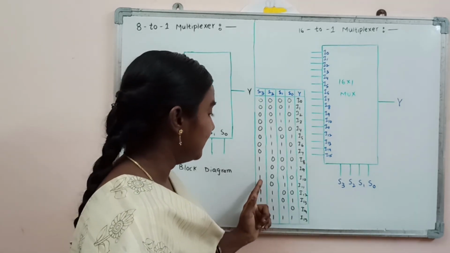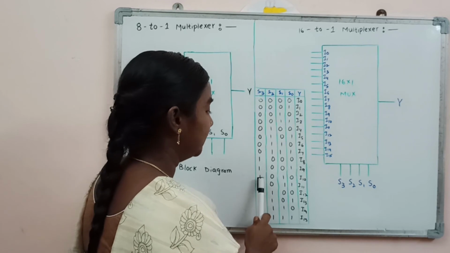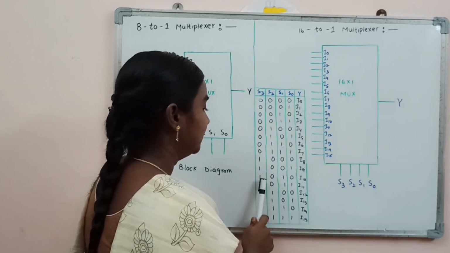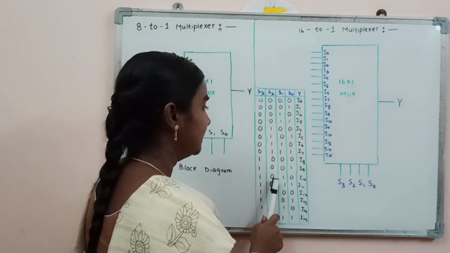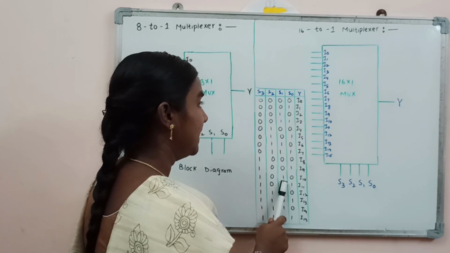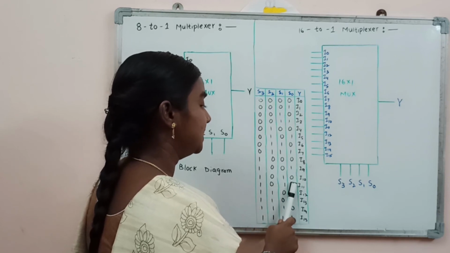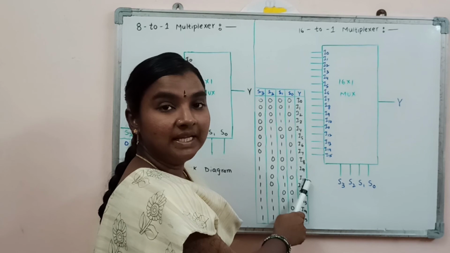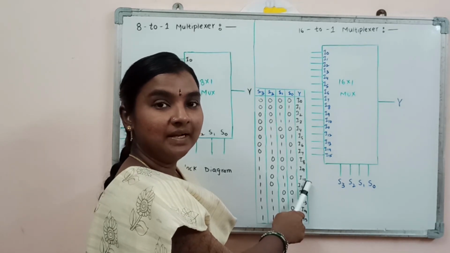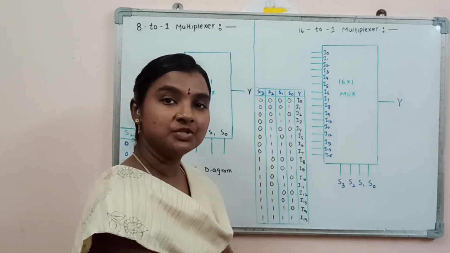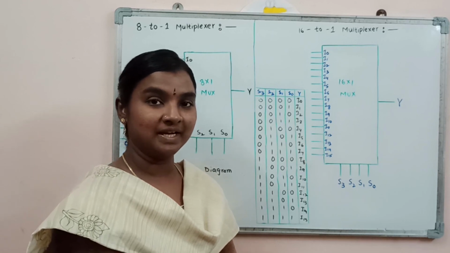For example, if I consider the combination 1 0 1 0, that means S3 is 1, S2 is 0, S1 is 1, S0 is 0, so the I10 input is going to be selected and transmitted to the output side.